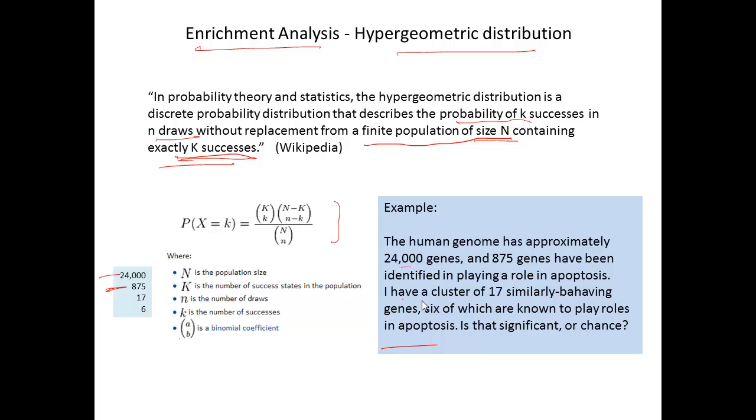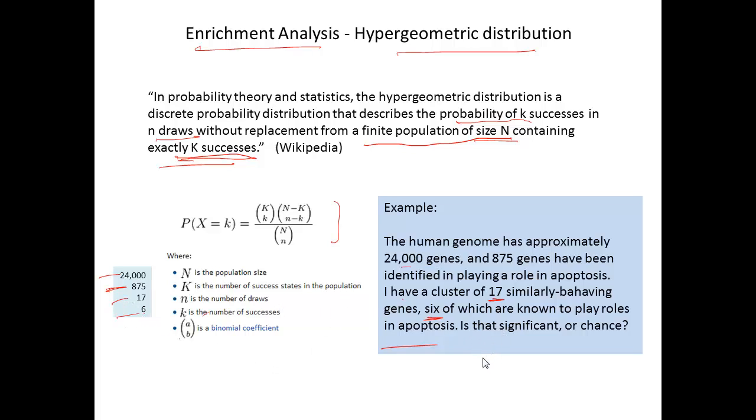Then if we look at a cluster that we achieved through cluster analysis, and there were 17 genes in this cluster, and 6 of those we know play a role in apoptosis, then k successes is 6 out of n draws, which is 17.